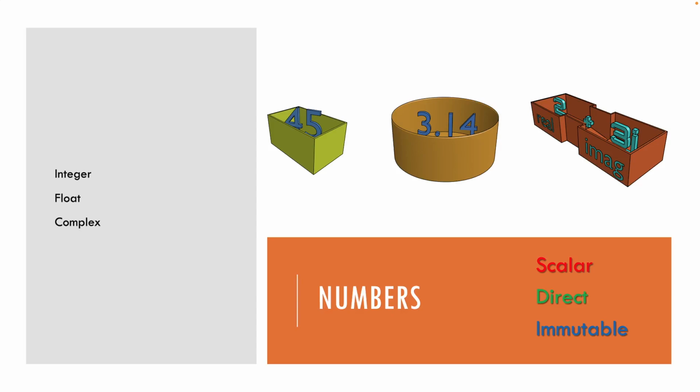Other data types such as these are called number data types. We have three types of number data types: integer, float, and complex. And these number data types can be classified according to three models: scalar, direct, and immutable. Scalar means according to the storage model, these are direct values, single values.